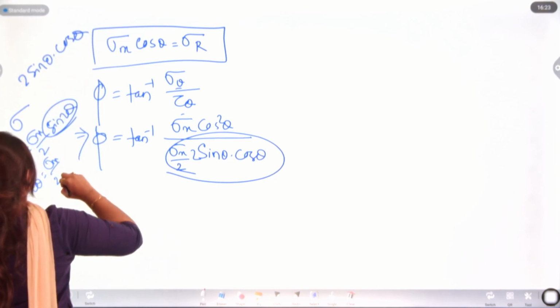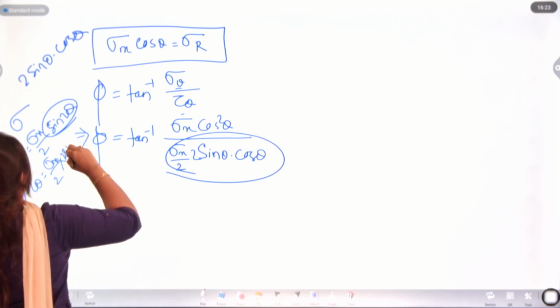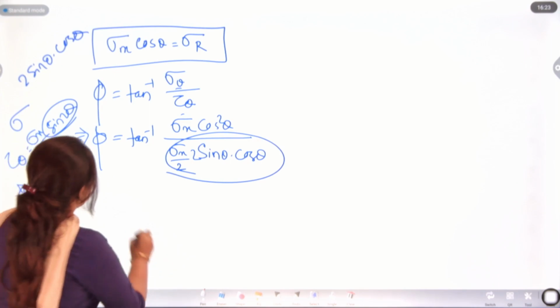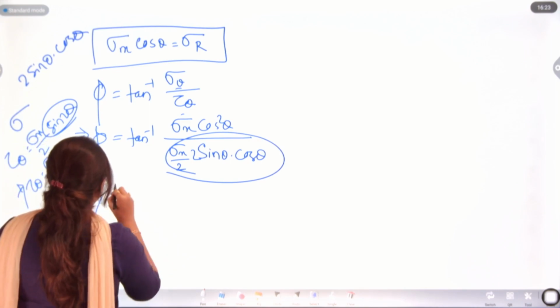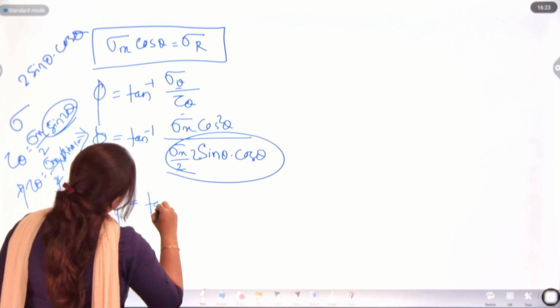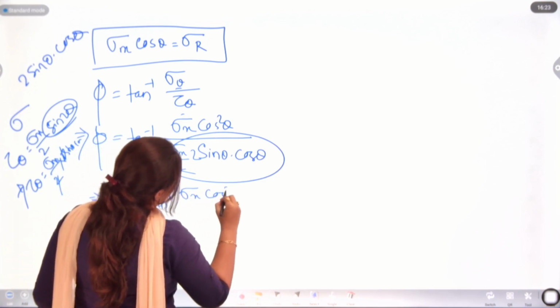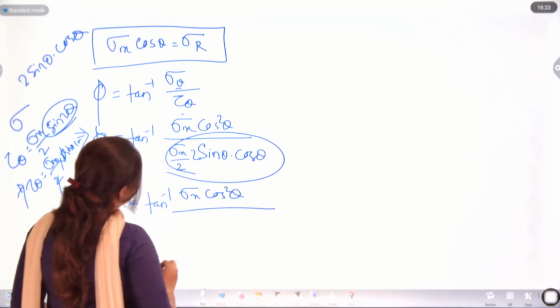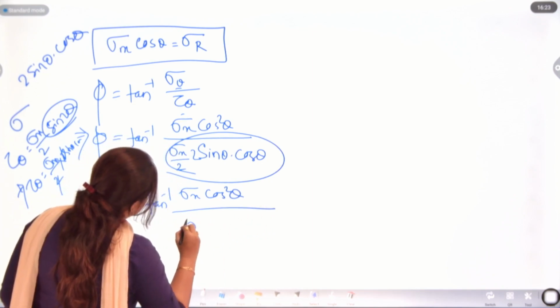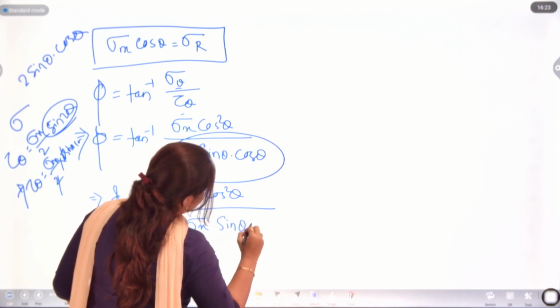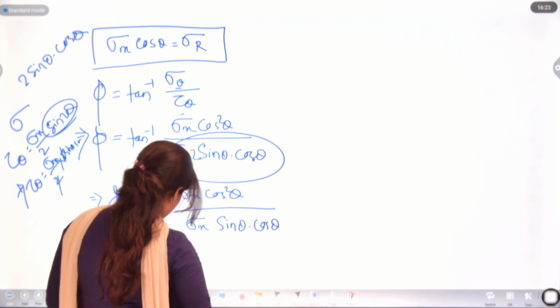So this 2 cancels. Now phi equals tan inverse sigma x cos square theta upon sigma x sin theta into cos theta.